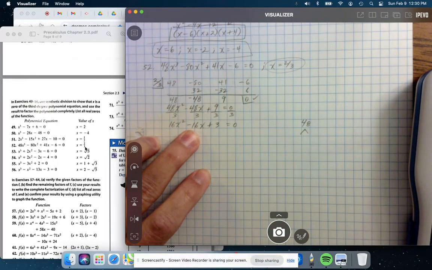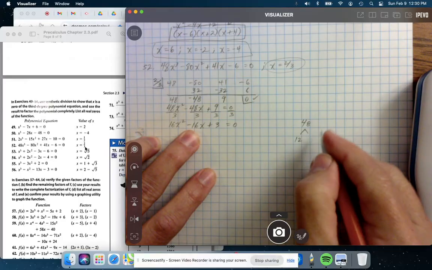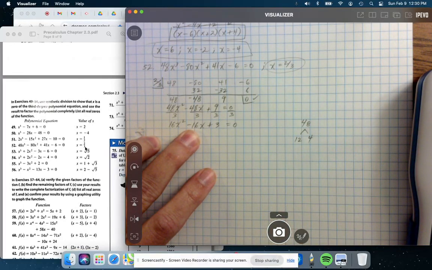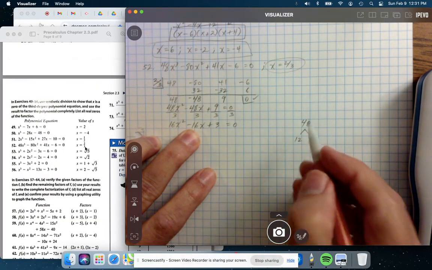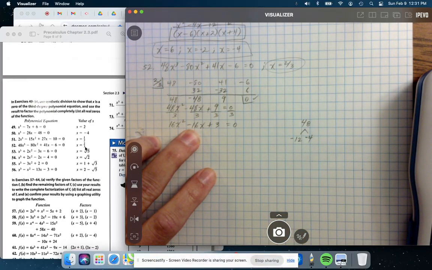And two numbers that come to mind that multiply to 48 are 12 and 4. And 12 and 4 do in fact add up to 16, but I want them to add to negative 16. So I think they're both going to have to be negative. Now they add to negative 16, but they still multiply to positive 48.